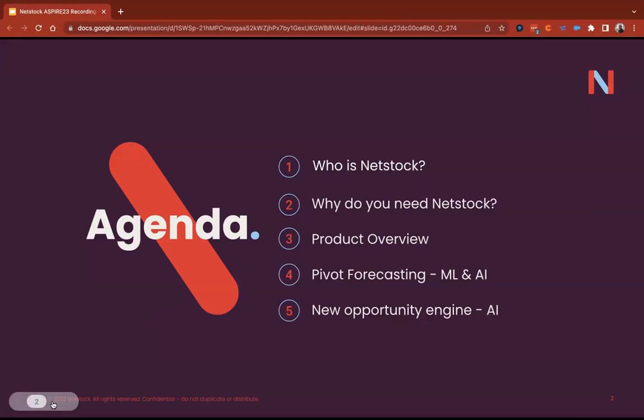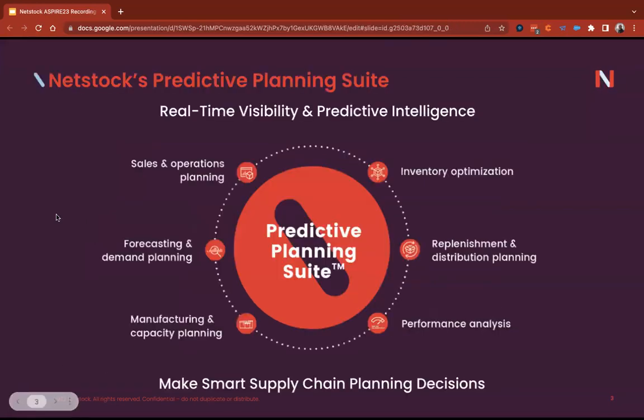So bear with me. All right, so who is Netstock? Well, Netstock is a business that supplies a predictive planning suite of applications. The idea behind it is to give you real-time visibility and predictive intelligence into your supply chain by using the information from your ERP to help you make smarter supply chain planning decisions.